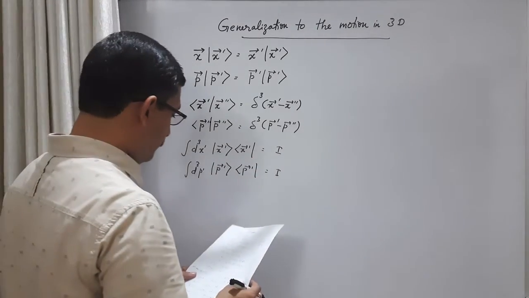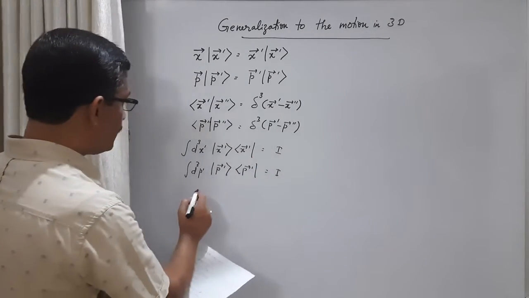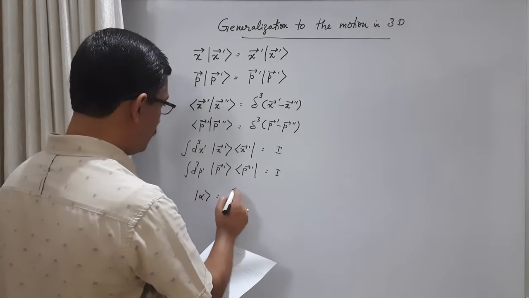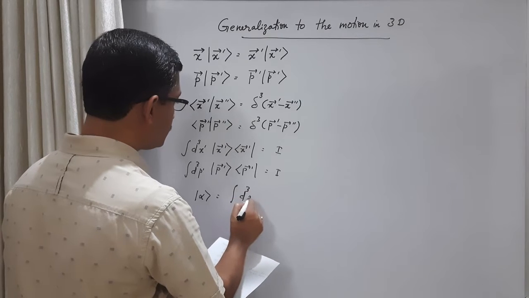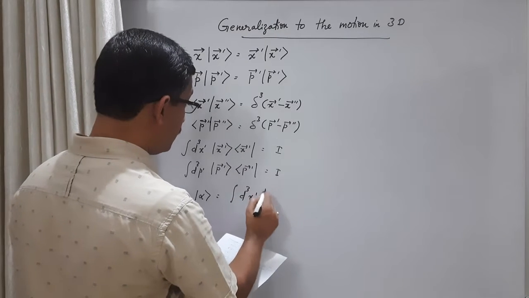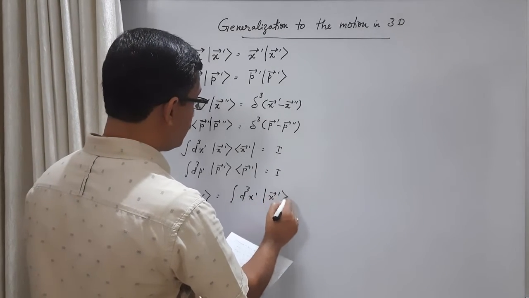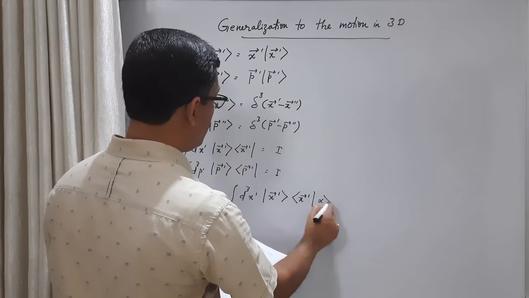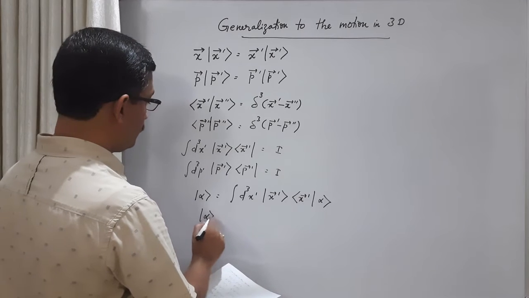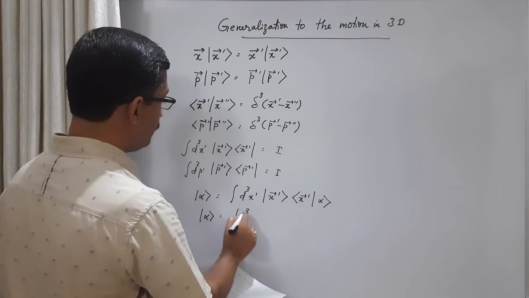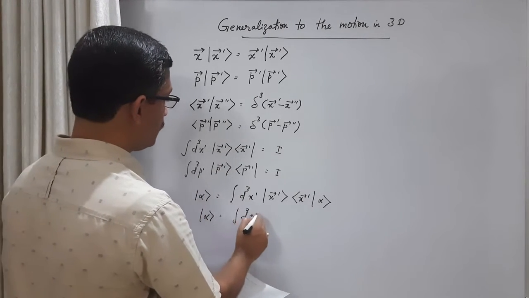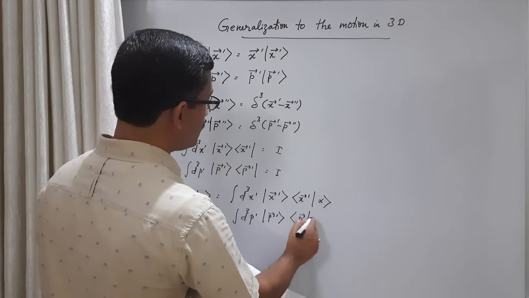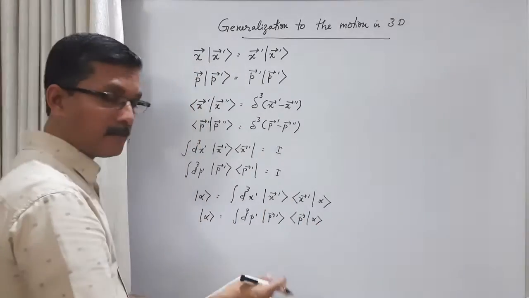And any general ket we can express in terms of position eigenkets like this: d cube x prime, again a three-dimensional integral, ket x prime bra x prime alpha. We are using this completeness condition, that's all. So this notation is different, the idea is the same.